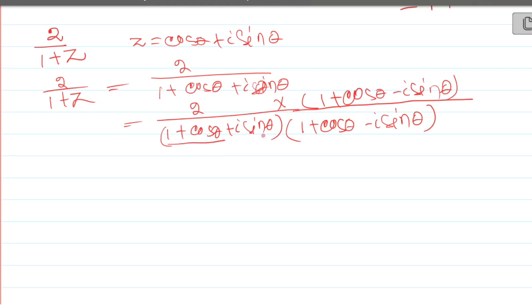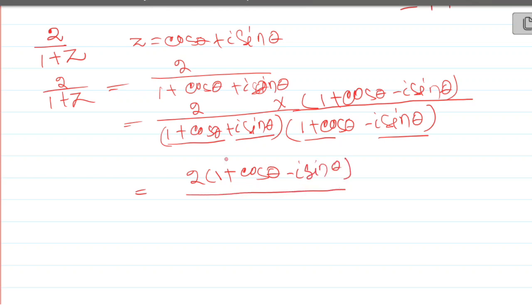Now here I can use the formula (a plus b) into (a minus b) equals a square minus b square. So 2 times (1 plus cos theta minus I sin theta) divided by (1 plus cos theta) whole square plus sin square theta.